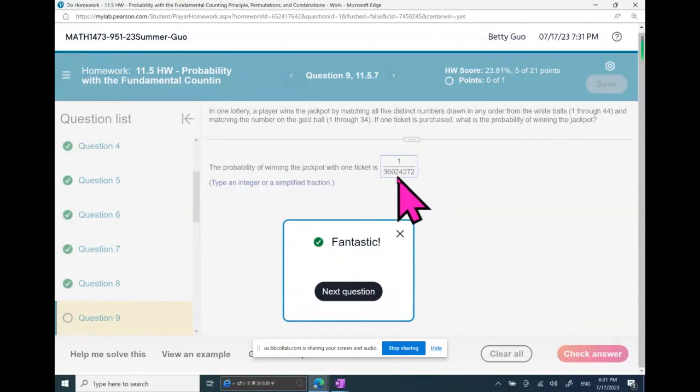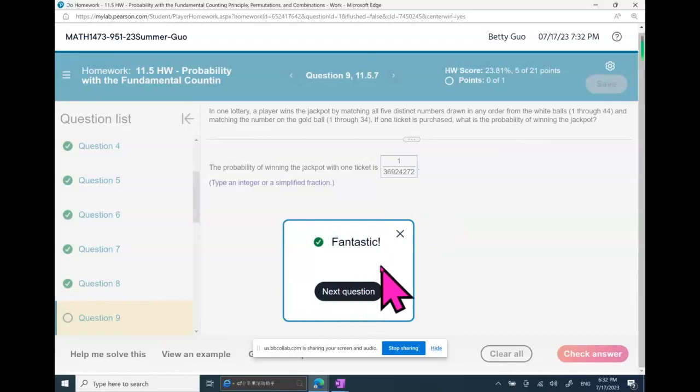And the denominator is 36,924,272. That means for almost every 37 million people who were buyers, were investors, we have one person get a jackpot.